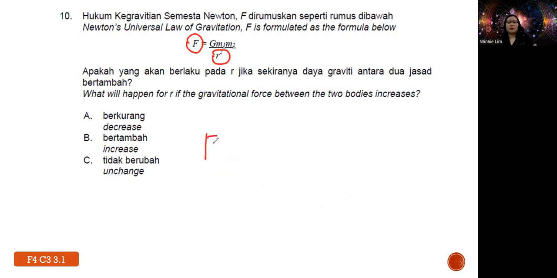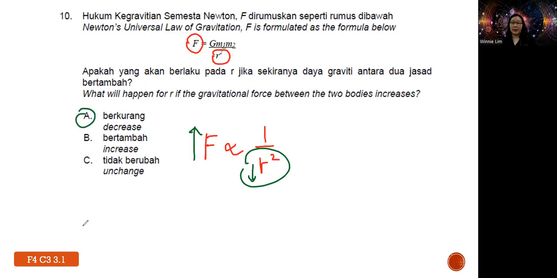Now, based on the formula, force is inversely proportional to the square of the distance between the two objects. So that means when the force increases, the distance between the two objects generally is closer. They're coming closer, or they are decreasing.